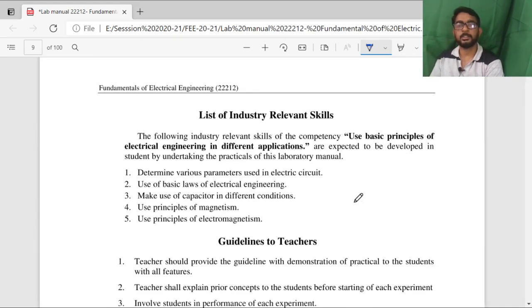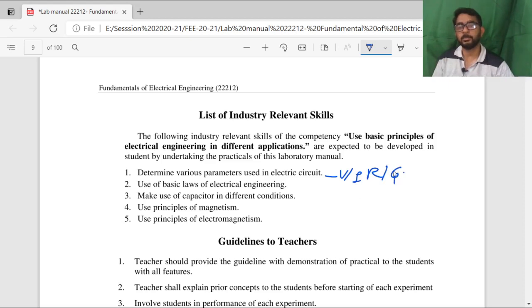This is the list of industry-relevant skills that students should have: determine the various parameters used in electrical circuits, such as voltage, current, resistance and conductance of the circuit.